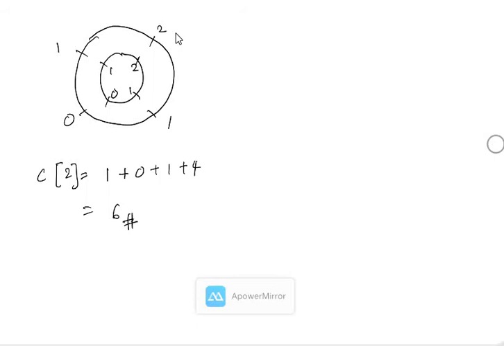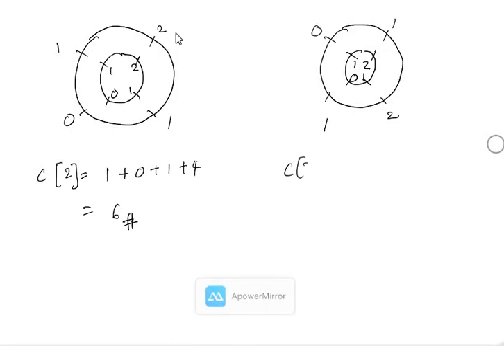Then the last one, again the inner value has no change, and then the outer value rotates clockwise. So this one is 1, 2, 1, 0. So this is C3, equal to 0 times 1 you get 0, plus 0 times 1 you also get 0, plus 1 times 2 you get 2, 2 times 1 also get 2.